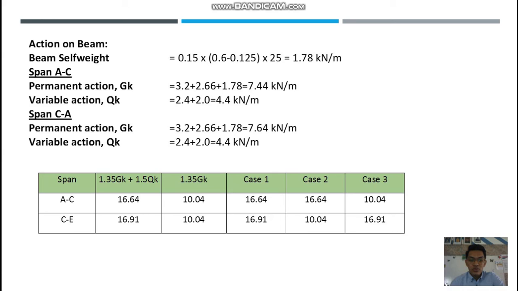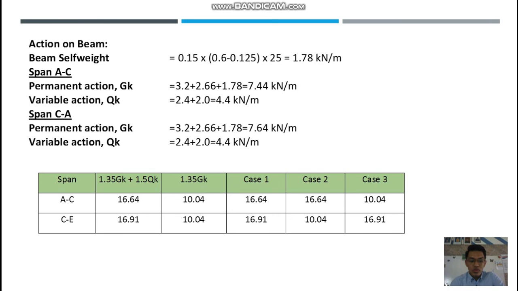For permanent action for span AC, we get 7.44 kilonewton per meter, and for variable action we get 4.4 kilonewton per meter. And for span CE, the permanent action Gk, we get 7.64 kilonewton per meter, and for variable action Qk, we get the same as AC, 4.4 kilonewton per meter.